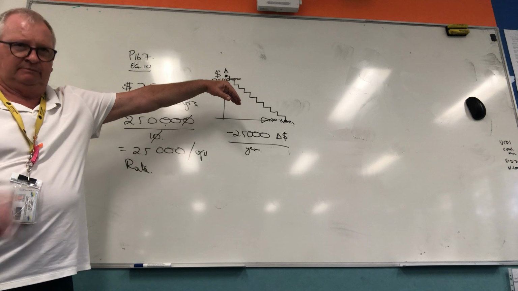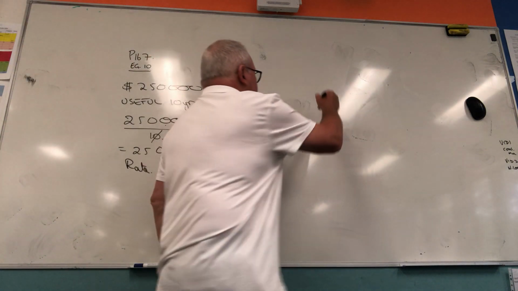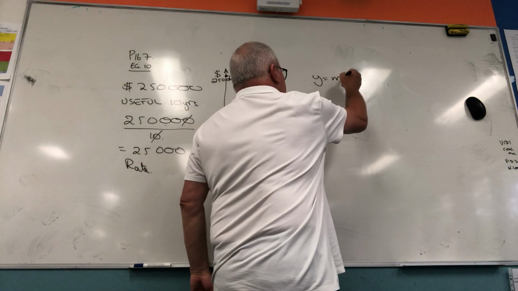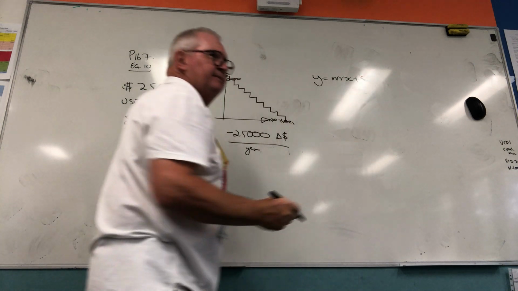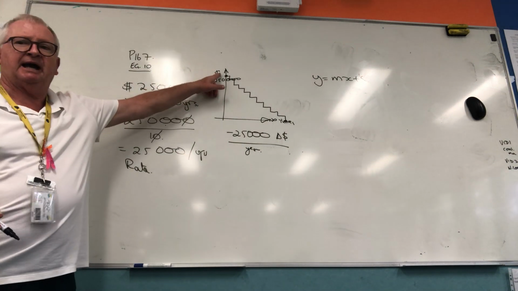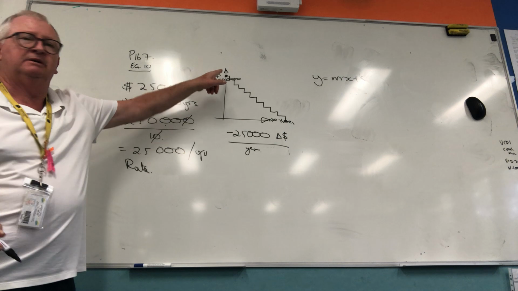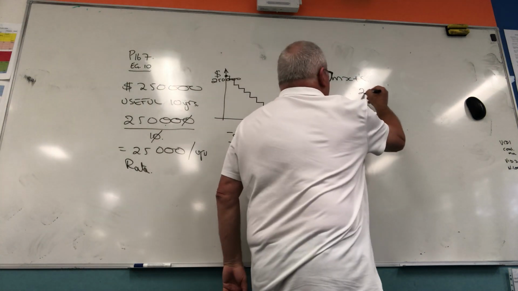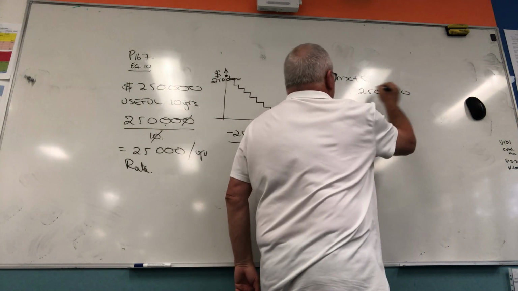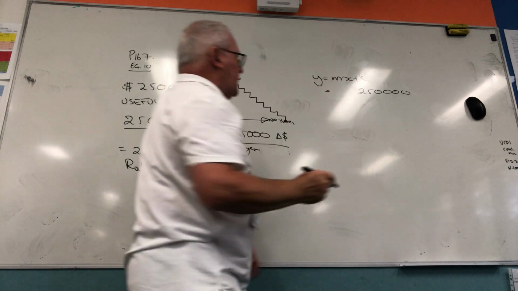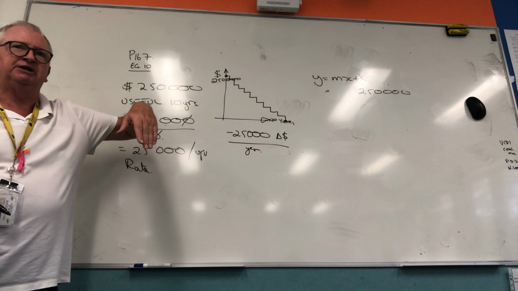Now, the equation of a straight line is y equals mx plus c. C is where it cuts the y-intercept, so that's $250,000. M is how much it's dropping each year.